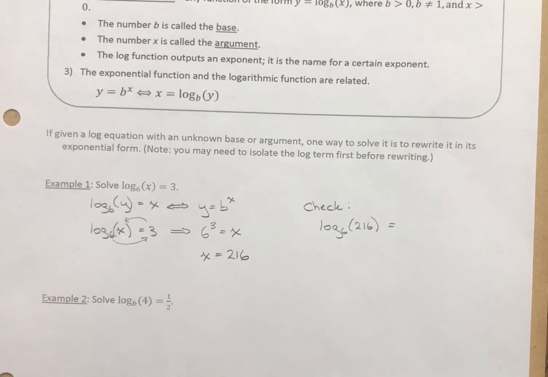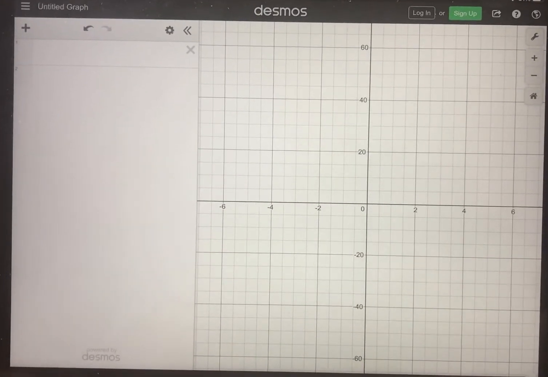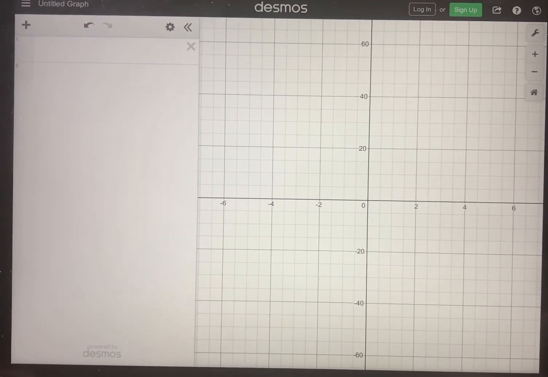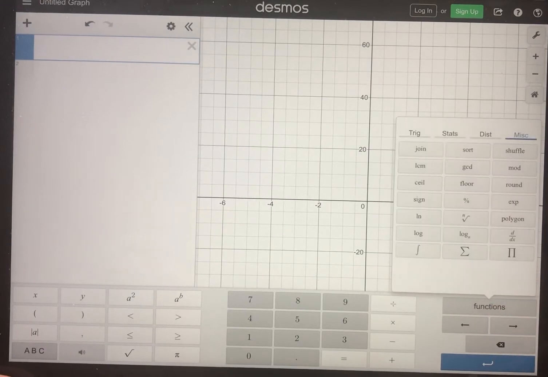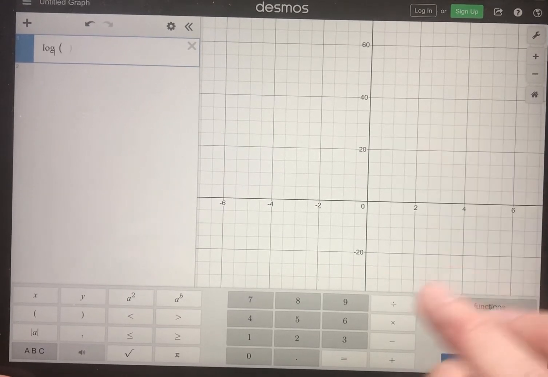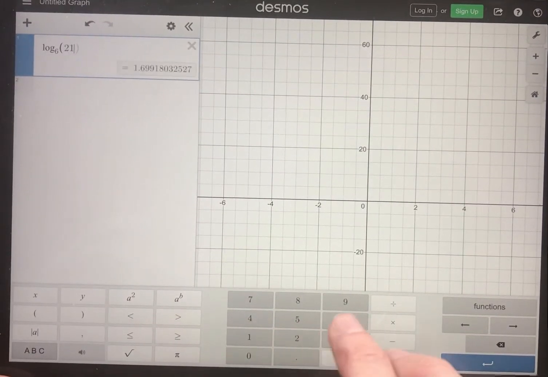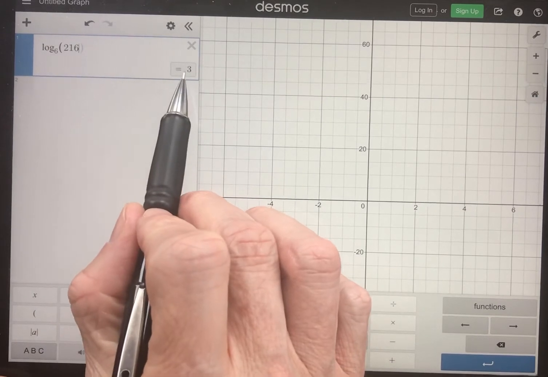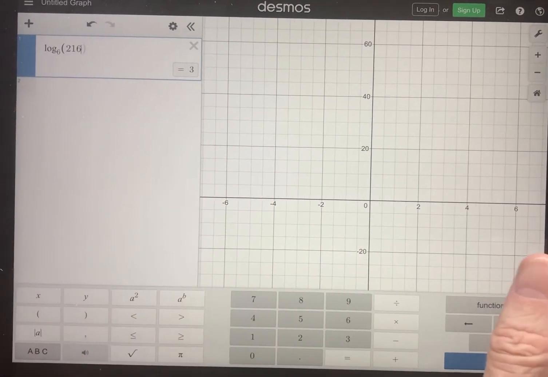We come into our calculator and ask, what's the log base 6 of 216? Back into functions, choose our log variable base. Log base 6, the argument we came up with is 216, and sure enough, it gave us 3. So we know that our argument of 216 is correct.